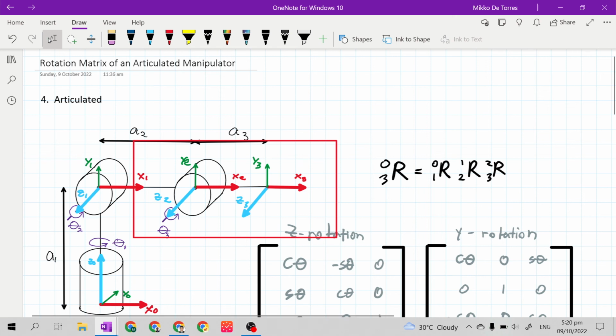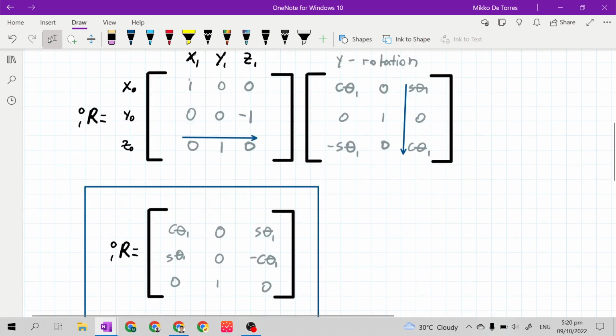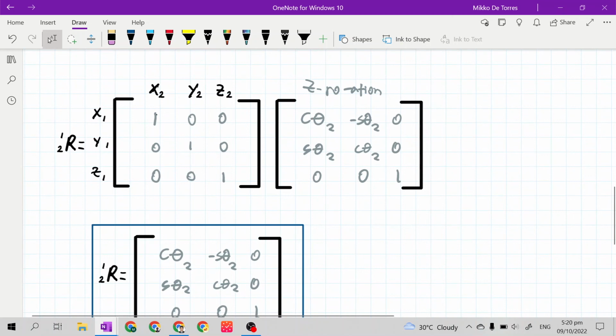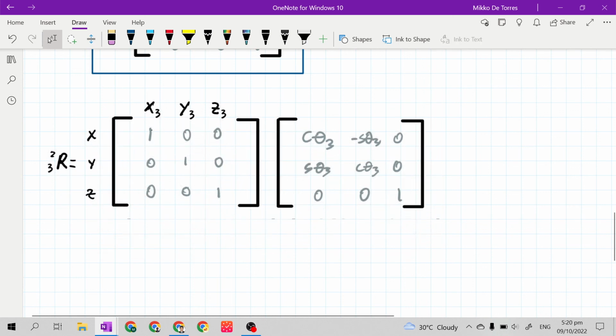Our last joint variable, theta 3, is at the z sub 2 axis, so we will again use z rotation. I will copy R23.